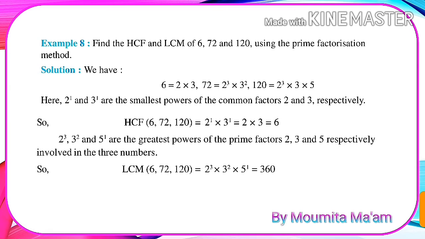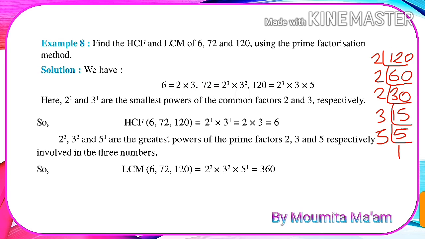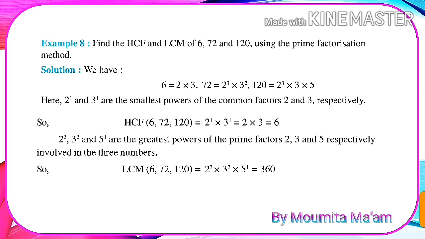Example number 8 is: find the HCF and LCM of 72, 6 and 120 using the prime factorization method. Solution. We have 6 equals 2 into 3, 72 equals 2 to the power 3 into 3 to the power 2, and 120 equals 2 to the power 3 into 3 into 5. Here 2 to the power 1 and 3 to the power 1 are the smallest powers of the common factors 2 and 3.